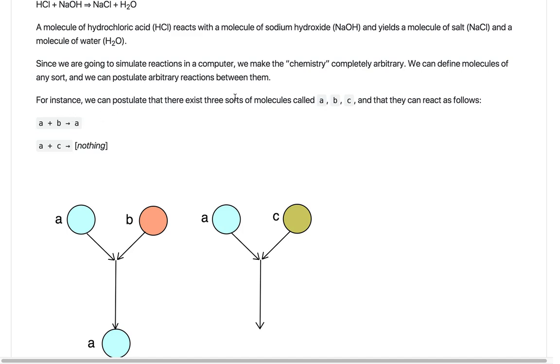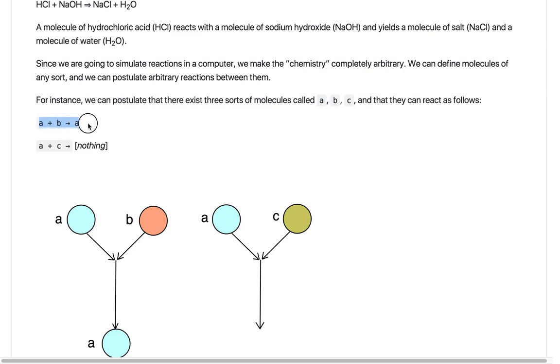So, for example, we could postulate that there exists molecule A, molecule B, and molecule C, and that these two reactions are possible between them. This is up to the programmer.